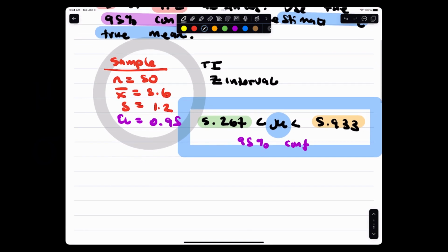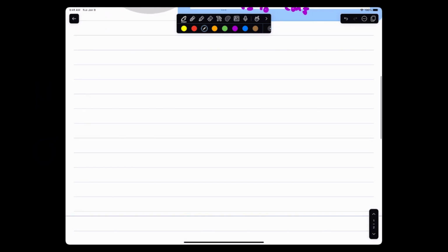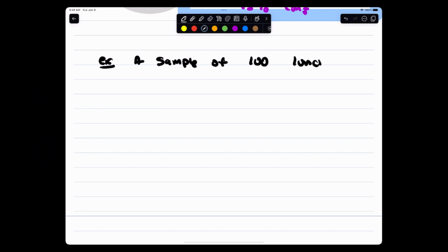So this is kind of the essence of why I ask you guys these questions, because we can estimate this. So we can say a sample of 100 lunch receipts. And I hate to say it, this stuff's getting expensive. This is just lunch.